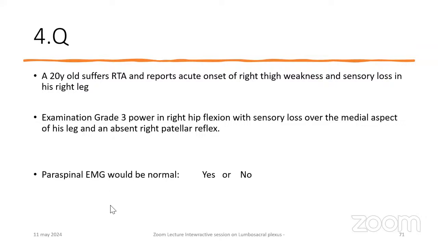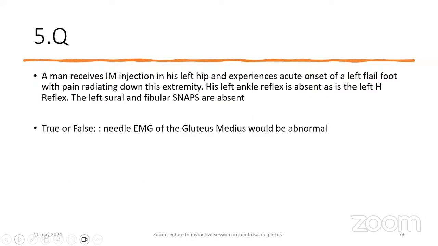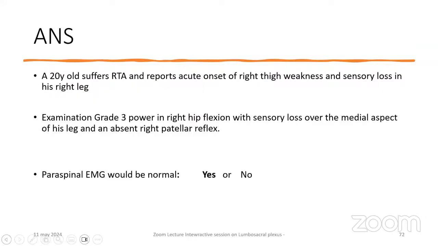Normal. EMG would be normal. That's correct. Excellent. So why will it be normal? Because it's not a radiculopathy. The paraspinal EMG will be abnormal only in the radiculopathies.